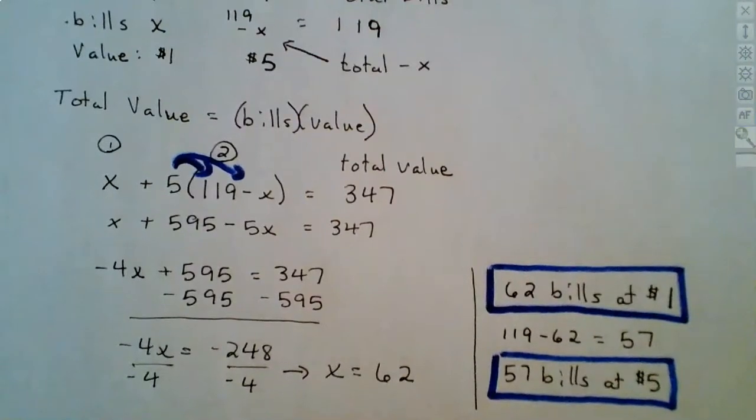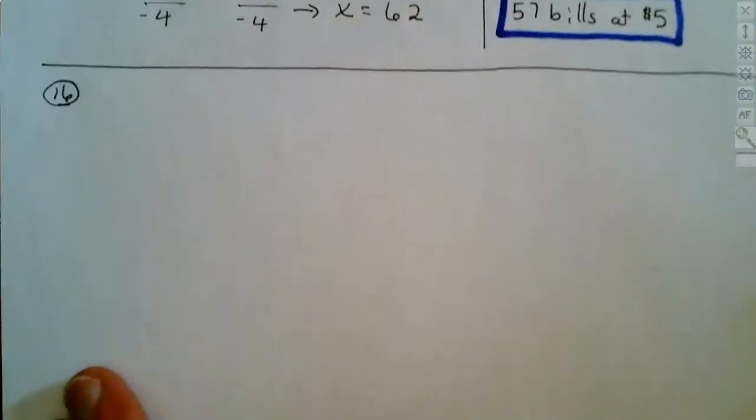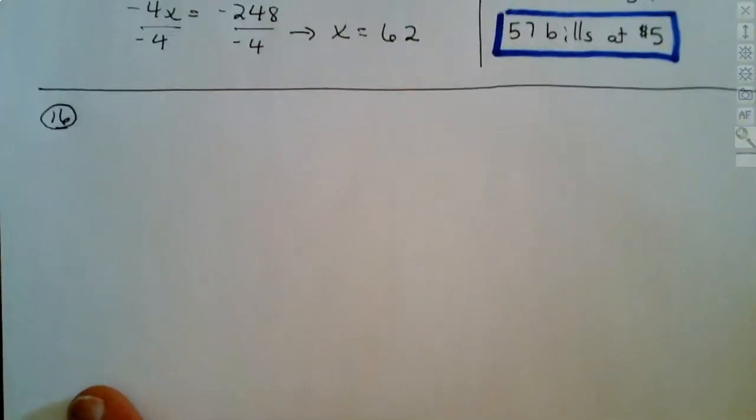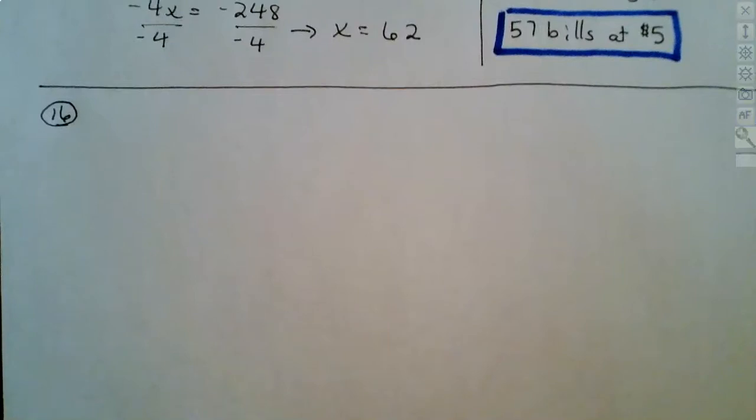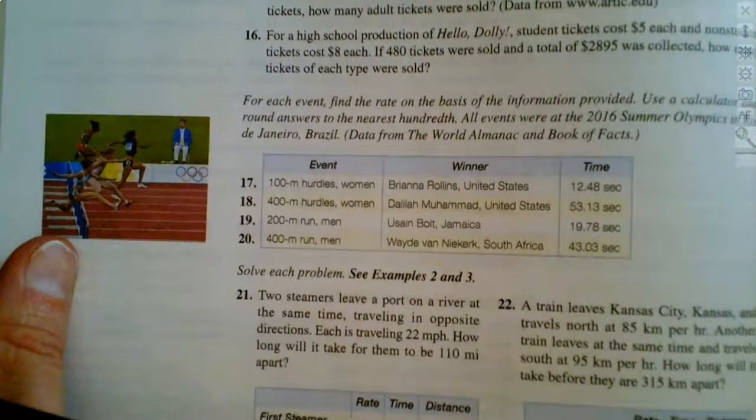We're going to do one more of these, and we're going to look now at question 16. So I'll put question 16 on the screen so we can see it here. This one's talking about the tickets for production.